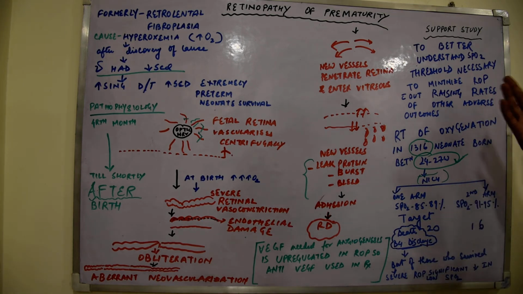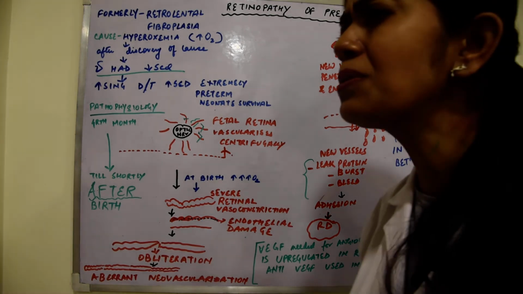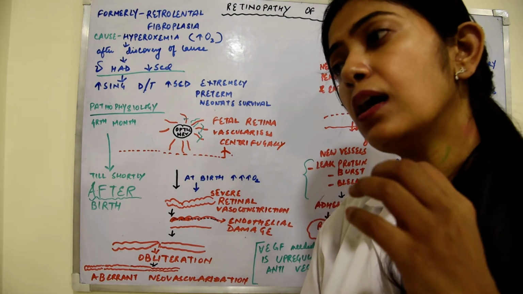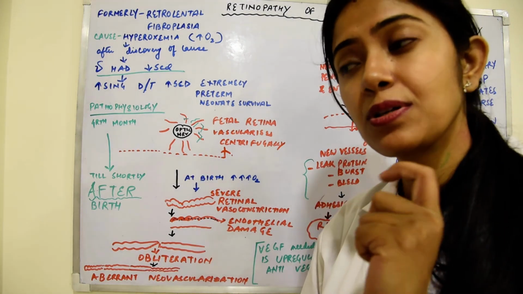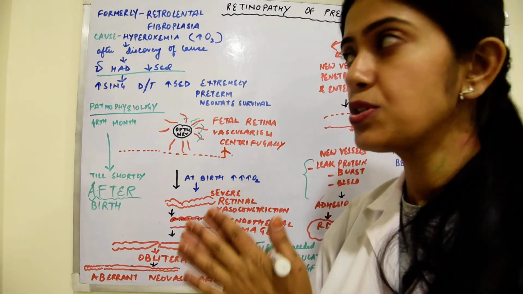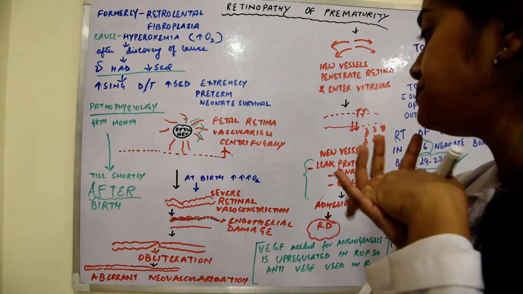So this is a study that was done, but still there is no clear cut guideline as to what exactly is the saturation which is to be maintained to control this particular problem.